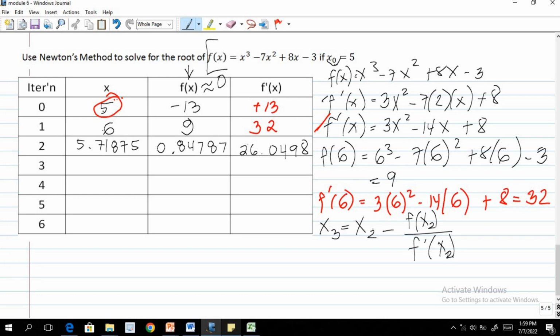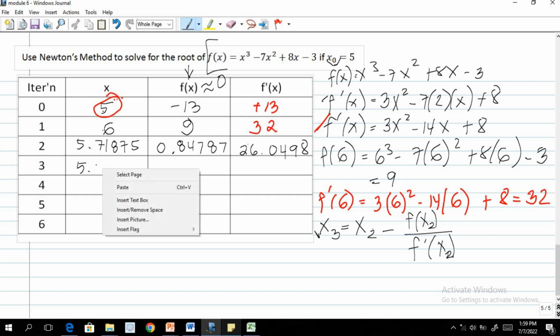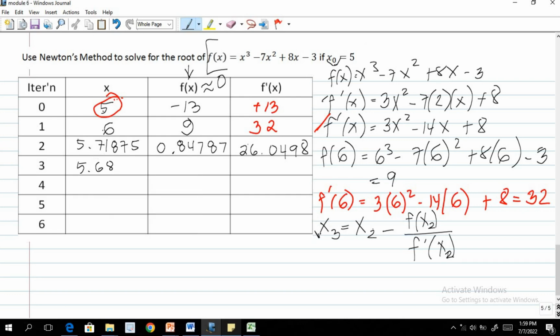So, kapag i-input ko itong mga values na to sa equation ko dito, makukuha ko si x3 as 5.68620. Yan ang aking x3.